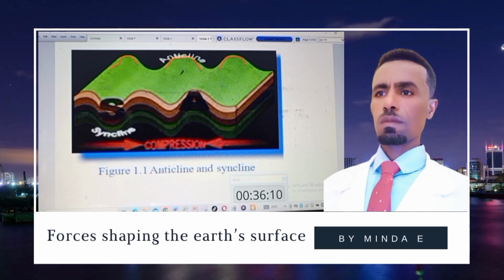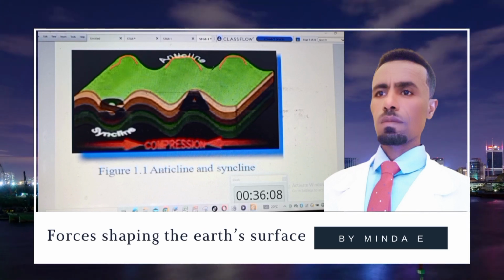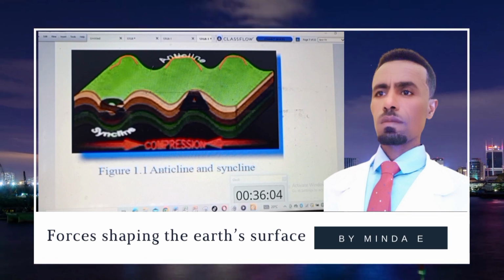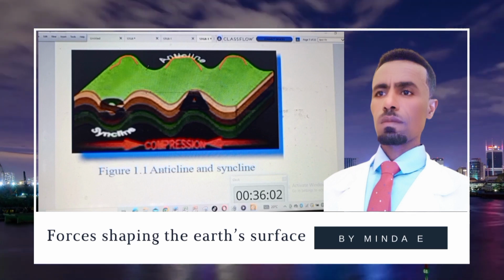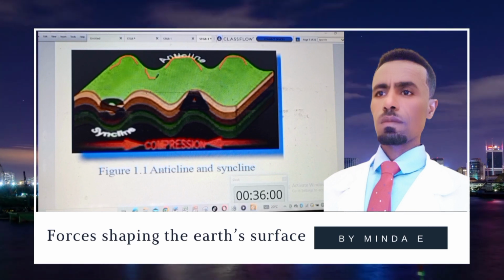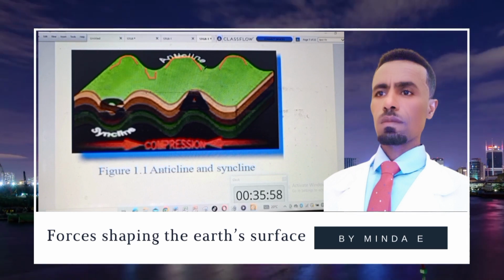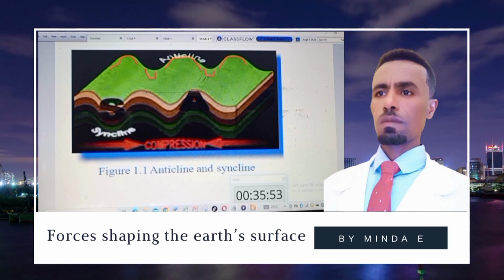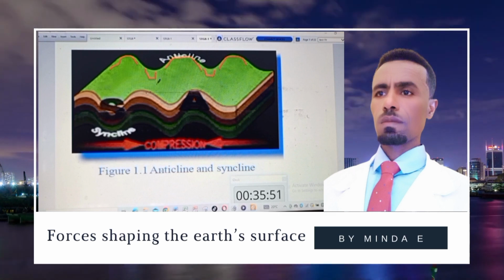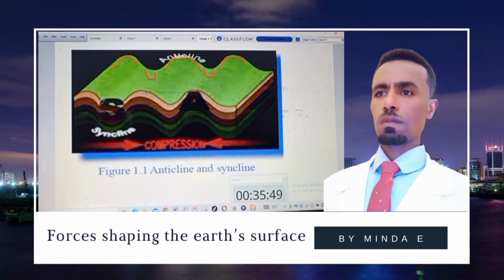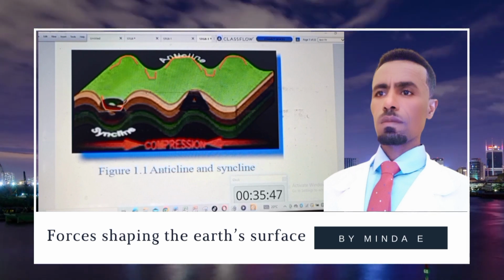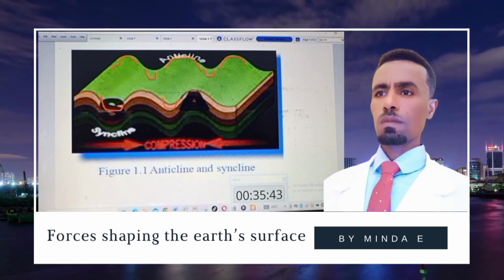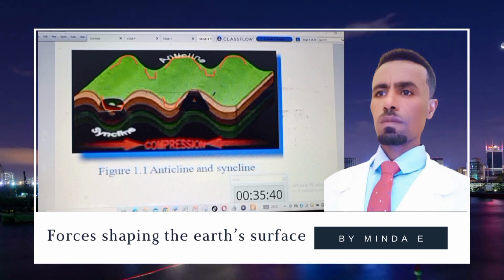Another point is syncline. For example, look at this area, syncline. The rock layer sinks down and makes a syncline fold. For example, this area we have syncline, and in this area the syncline fold is visible.